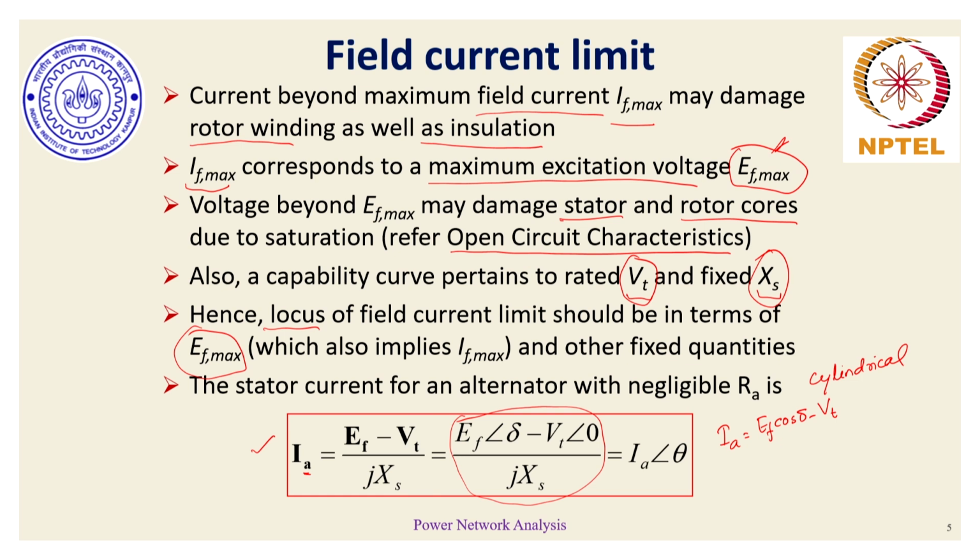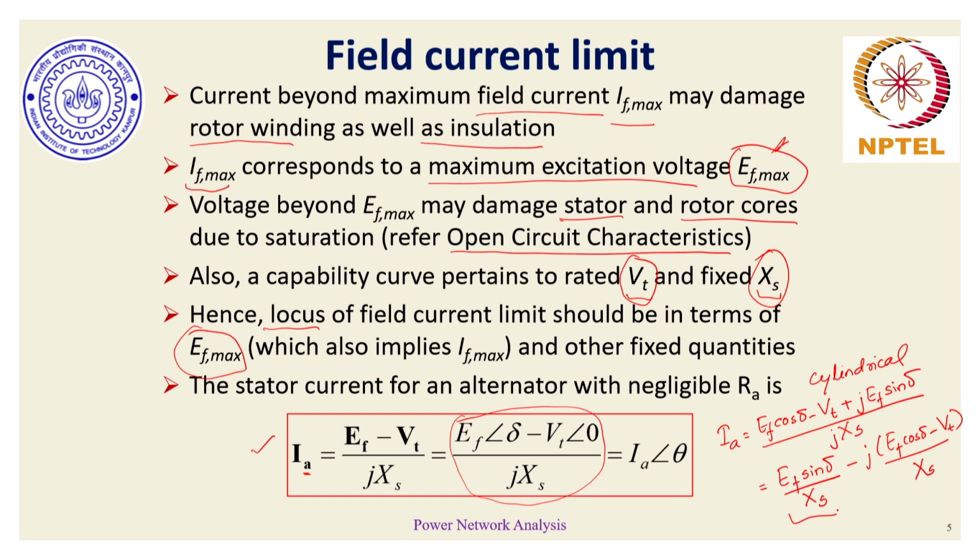So if we expand EF at an angle delta as EF cos delta minus Vt sitting over here, then we'll also have j, which is the imaginary number, root of -1. It will be EF sin delta divided by j xs, which if expanded would look like EF sin delta by xs minus j (EF cos delta minus Vt) by xs.